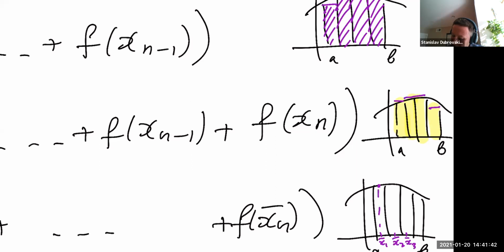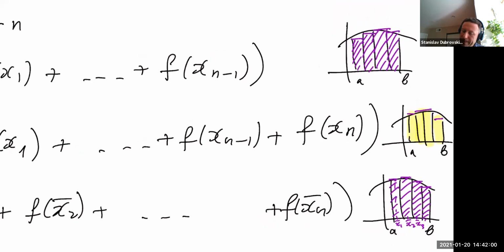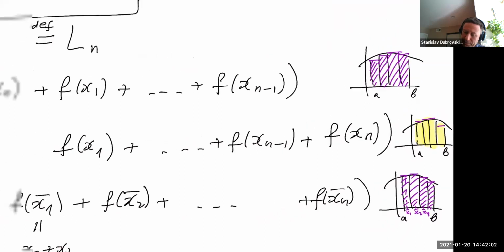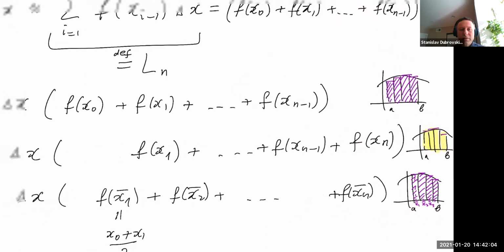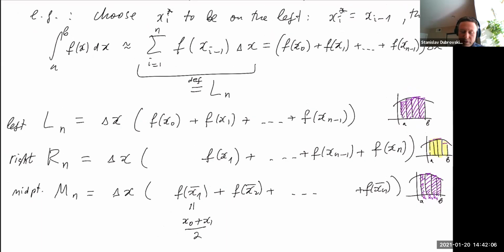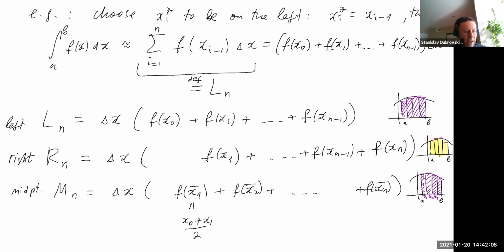And I have to find the height at this point, at this point, and at this point. And then this will be my approximation to the area. So they are not the same, as you can clearly see, right? Which do you think will be more accurate? Think about it. We'll come back to this question soon enough.